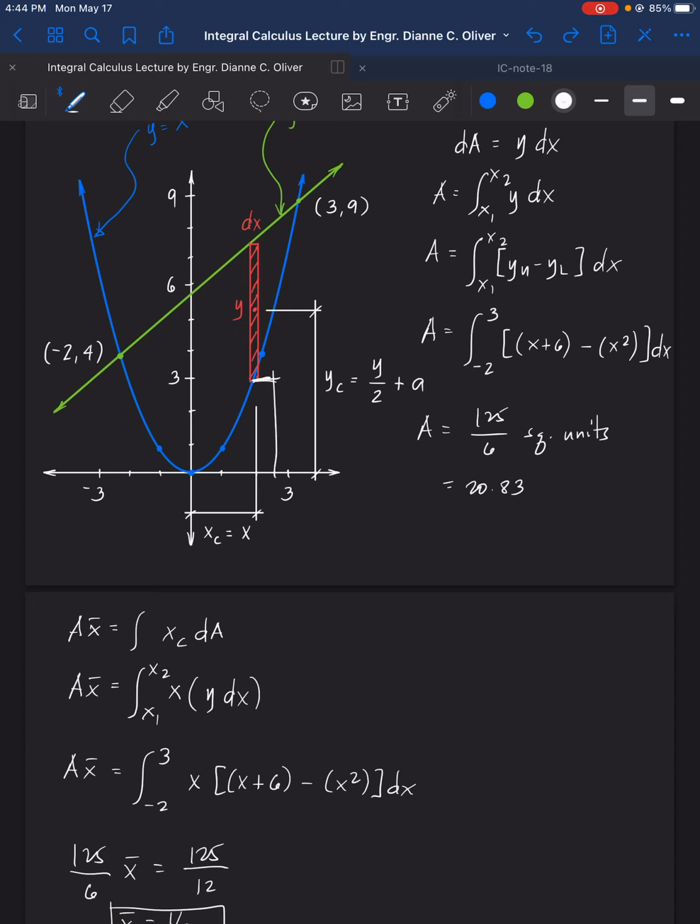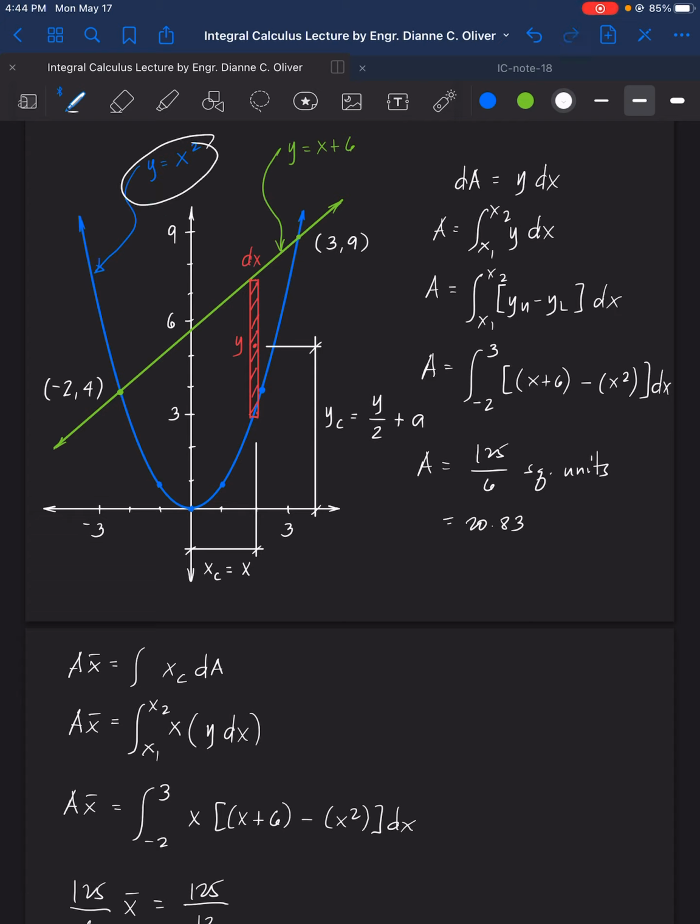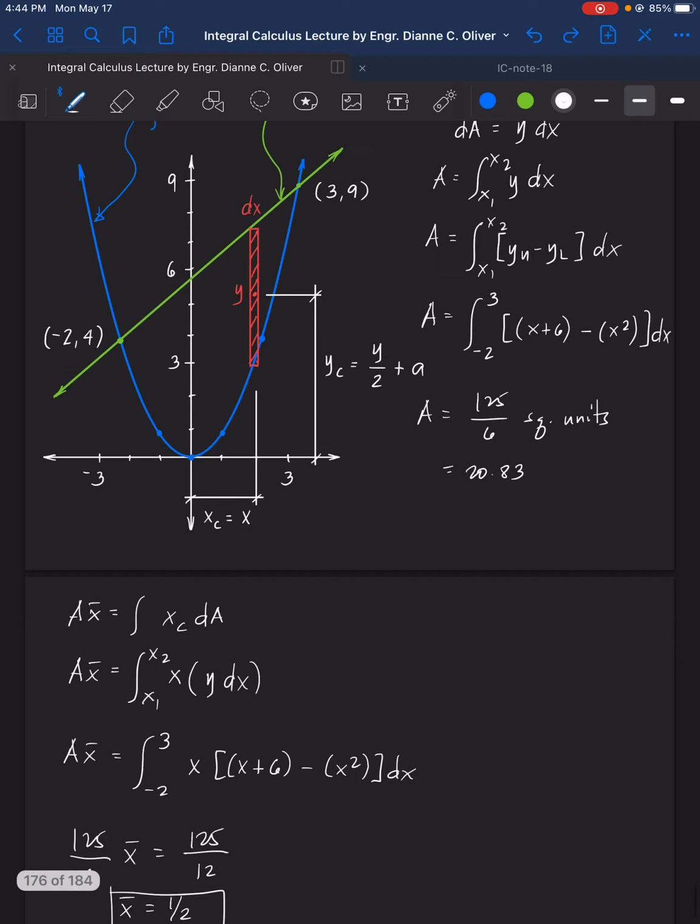We have discussed a while ago that this a, or this point here, is similar to the y lower. If that is the y lower, it is connected to the curve, y equals x squared. So that means yc is y over 2 plus x squared.